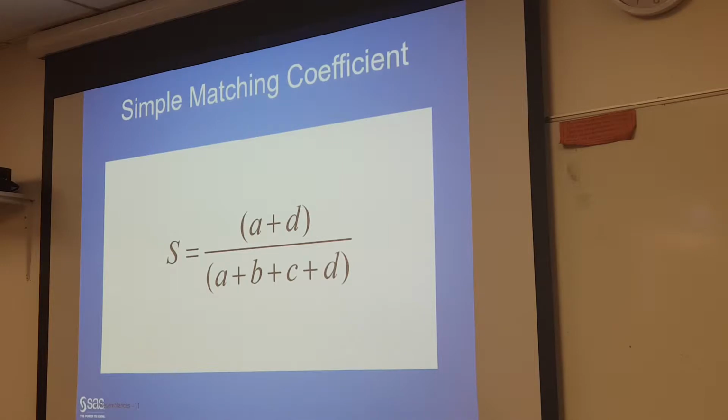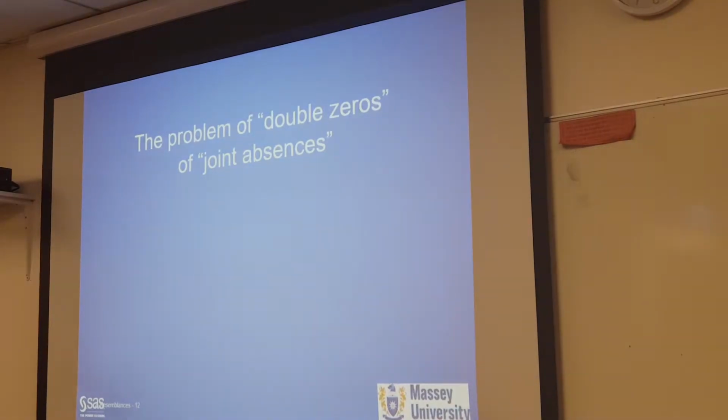Another way of looking at it is the proportion of variables that they were similar for these binary variables. So this is very commonly used. It's nice and intuitive. But, and this is particularly important for biologists, but probably also relevant for other fields of study, what happens with double zeros? Are they actually important?